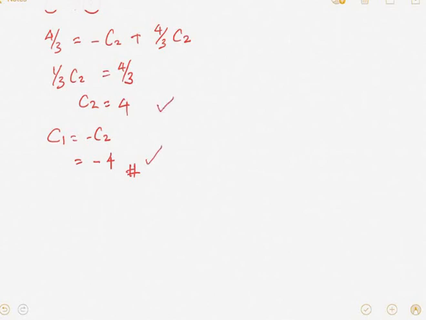So now you can substitute into c1 and c2.